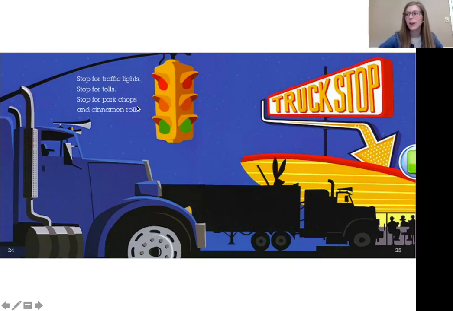I notice it's dark outside in this picture. We learned that trucks are driven all over the place and through all types of weather. Trucks are also driven during the day and night. I see the rabbit in the trailer. I remember trucks haul animals from our first part of our story last week.